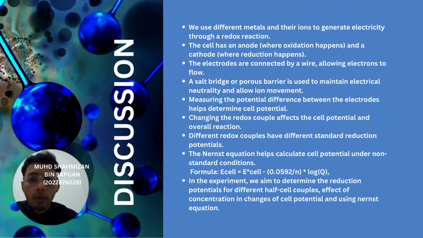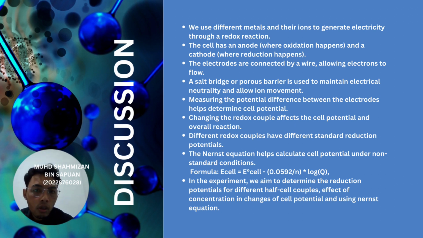So, my name is Mohammed Shamizan, and I will cover the discussion. We use a galvanic cell, which uses ions to generate electricity through a redox reaction. The cell has an anode where oxidation happens and a cathode where reduction happens. The electrodes are connected by a wire allowing electrons to flow.